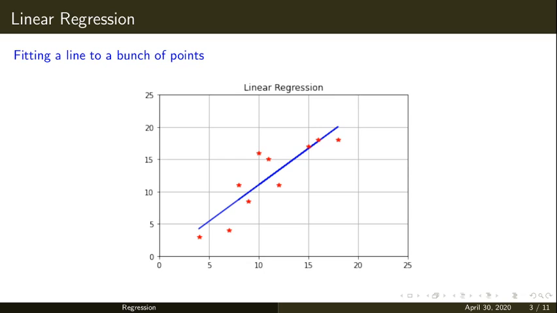Since there is no such line which actually passes through all these points, we would like to come up with a line which passes through the middle. Let's see why we would like to do this and how we are going to do this.